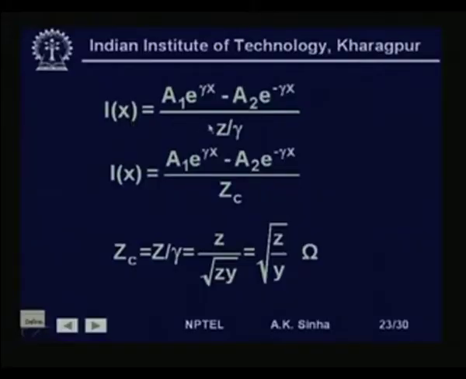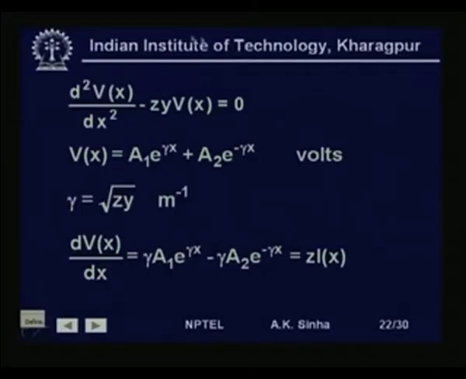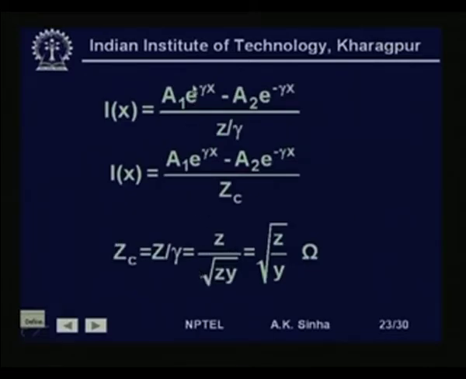Therefore, we can write that I(x) is equal to this term divided by z. So, I(x) is equal to a1 e to the power gamma x minus a2 e to the power minus gamma x divided by z, and the gamma term which was multiplied with a1 and a2, we have taken in the denominator. So, this is z divided by gamma.